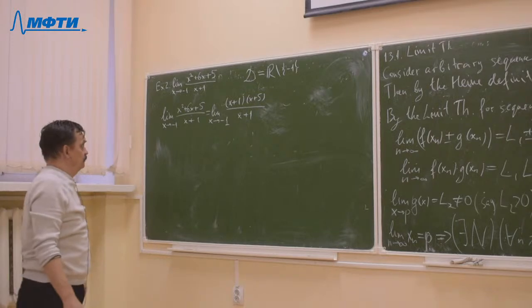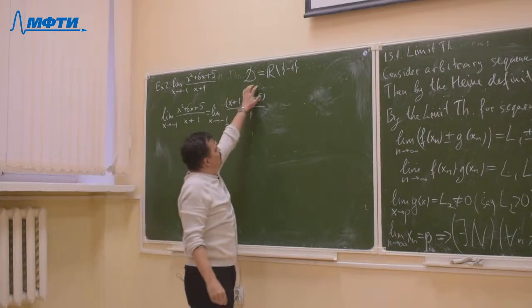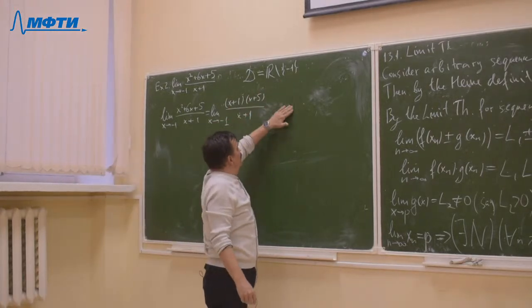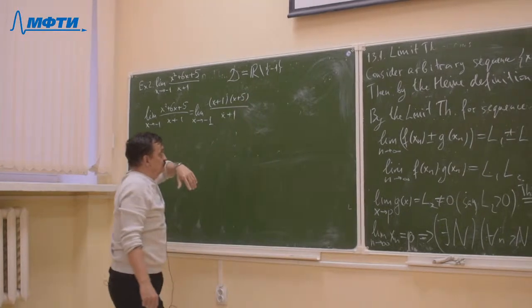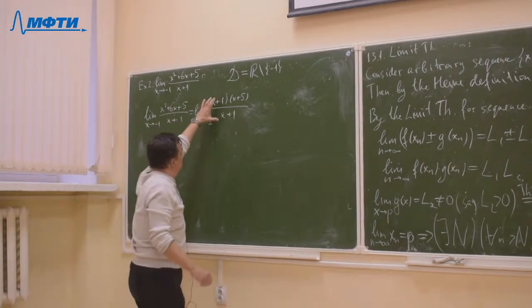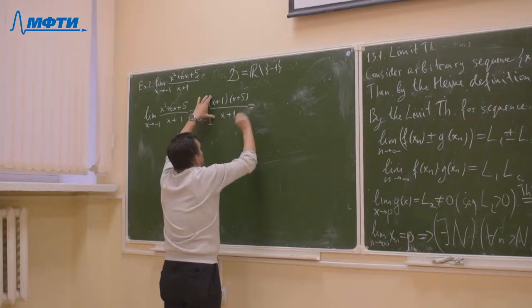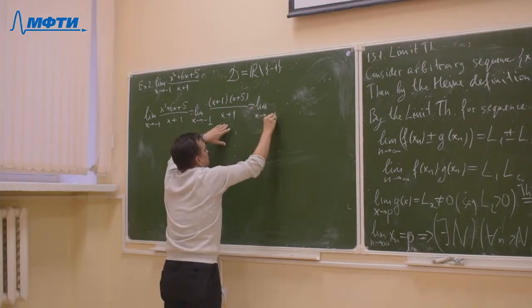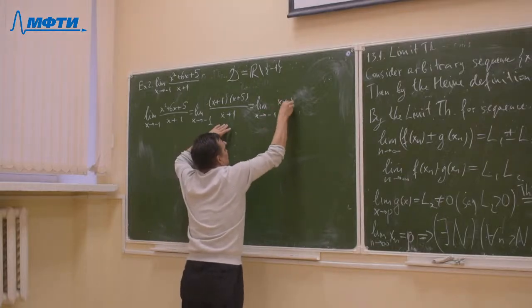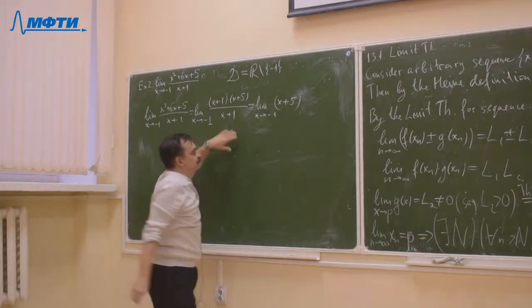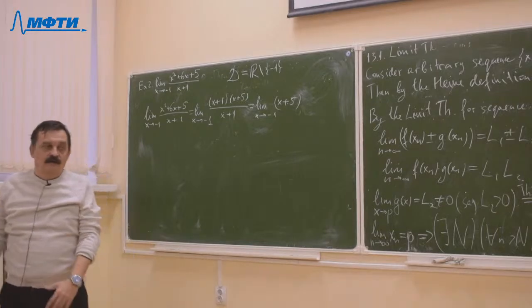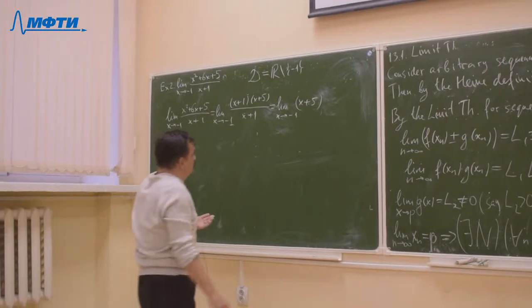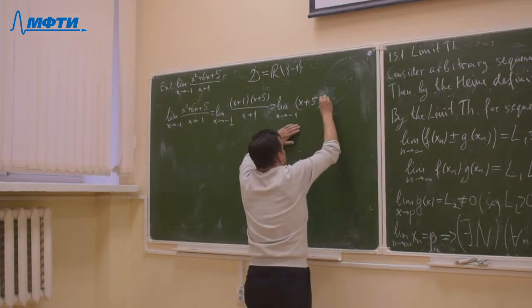And now look, on this set D, everywhere except for -1, our function is equal to x plus 5. And after that, we can substitute.